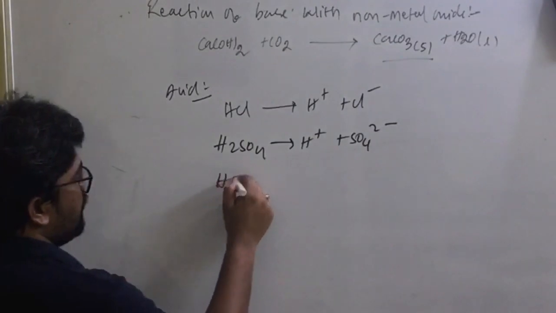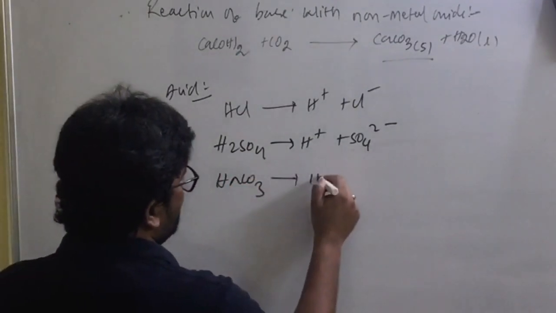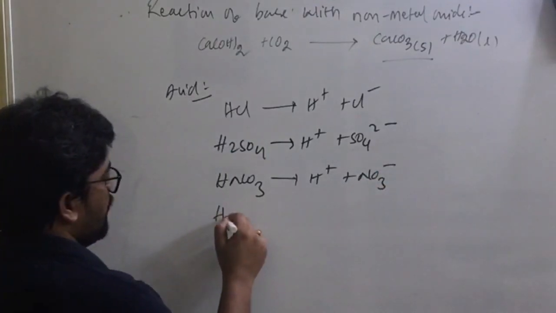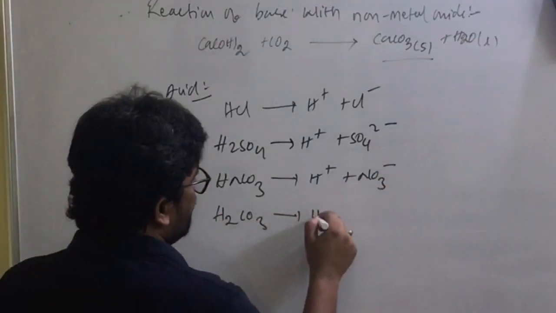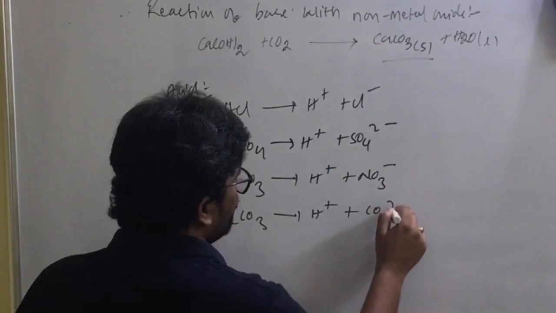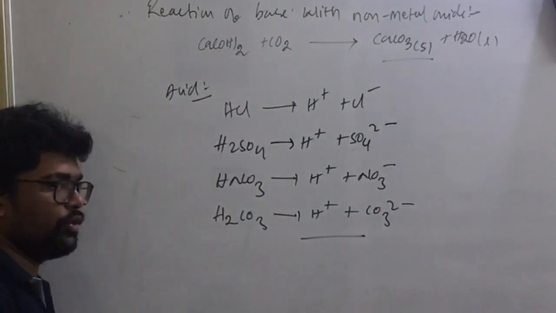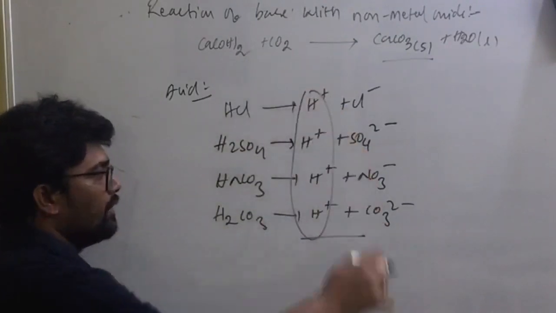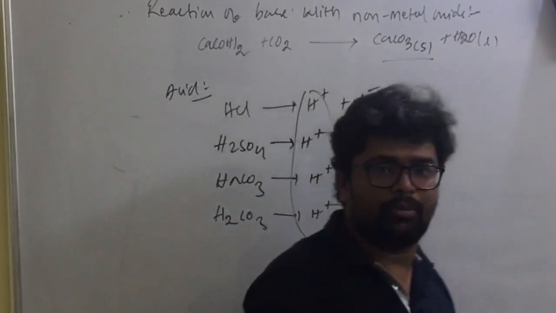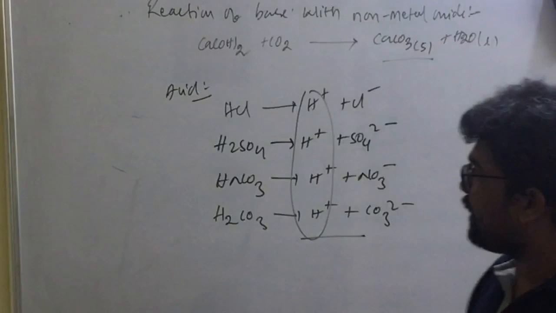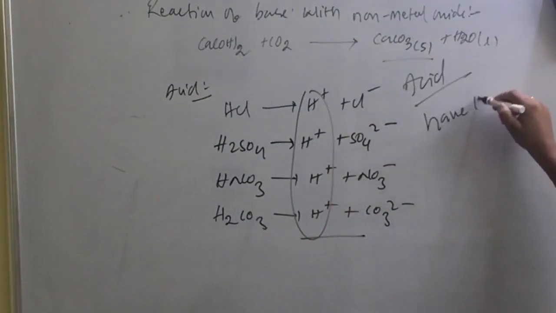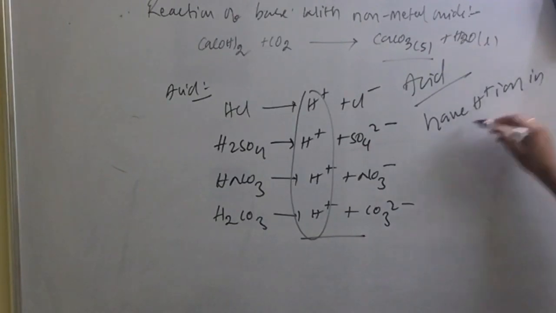HNO3 gives H+ and NO3-. H2CO3 gives H+ and CO3 2-. Now you should be able to give me an answer. What do acids have in common? All the acids have H+ ions in common.